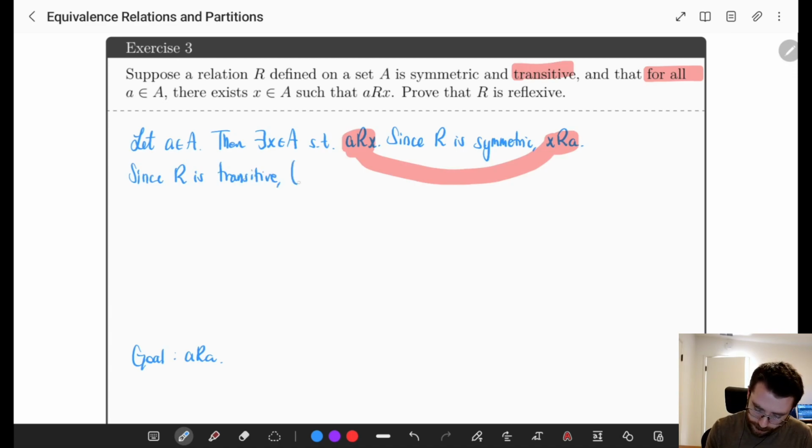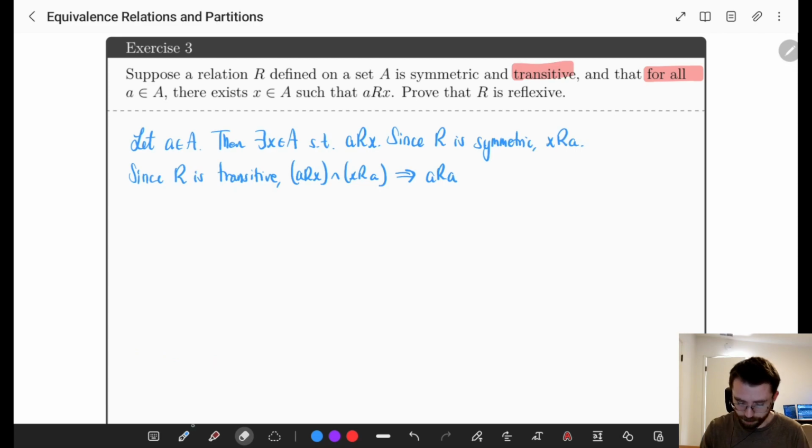So I guess I'll write that formally. a related to x and x related to a implies a related to a by transitivity. Ta-da! That's our goal done. Since that's true for every element of A, R is reflexive.